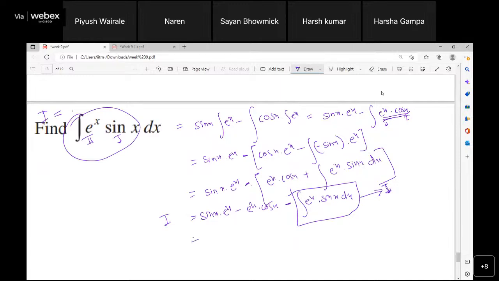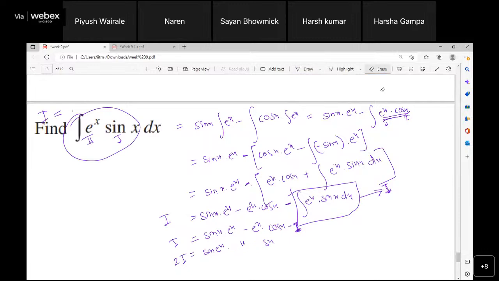So what will I get? Sin x e to the power x minus e to the power x cos x minus I. So minus I will go on this side. It will become twice I equals sin x e to the power x minus e to the power x cos x. Sorry, it is minus.